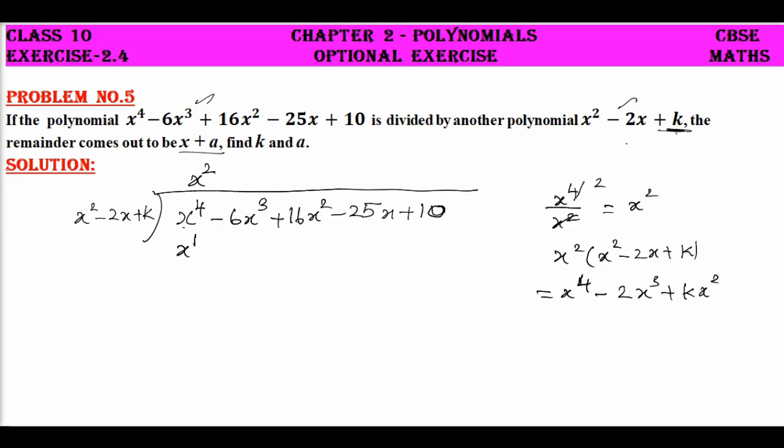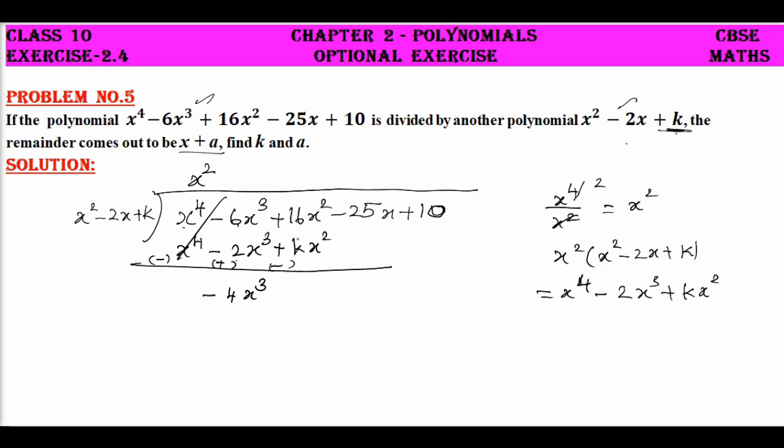So now let me subtract it from the dividend. Now when you subtract, change the sign of the second terms so that you get -6 + 2, which is -4x^3. And this is the place where you have to be careful because you have a 16 and a k.